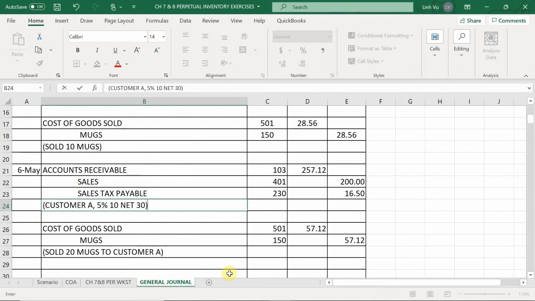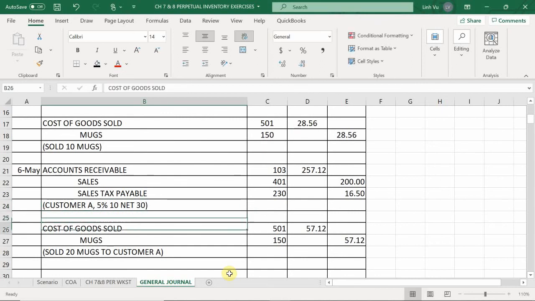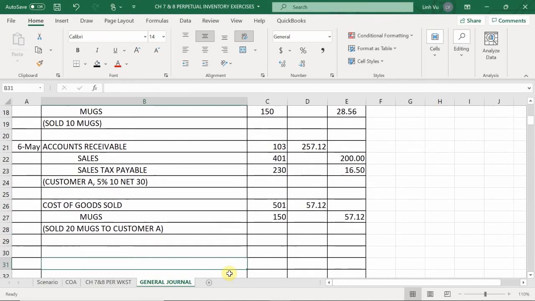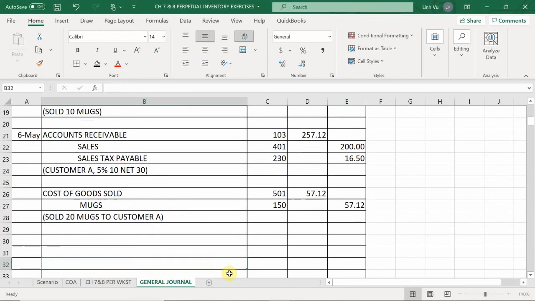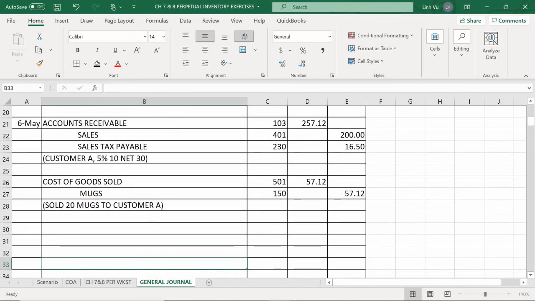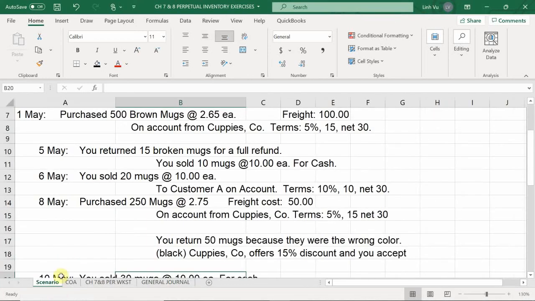Those are the terms and conditions that we gave to customer A. Good. So now let's see what happened here. On May 8th, we end up purchasing an additional 250 mugs at $2.75 each, with the freight costing $50. Oh, it's 10%, not 5%. My bad.